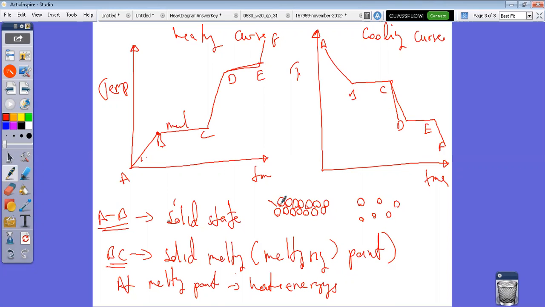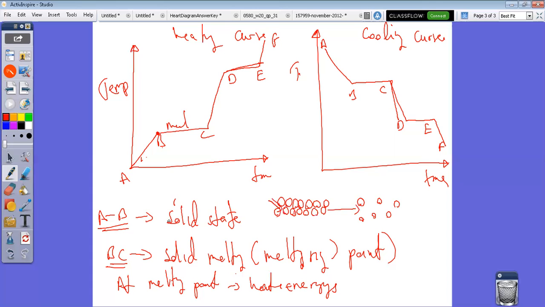Those forces have to be broken down, and it needs a very large amount of energy. Clear? And that's why the temperature is not increasing, because all that energy is being absorbed so that we can break the force of attraction between the solid particles, so that it becomes a what? A liquid.